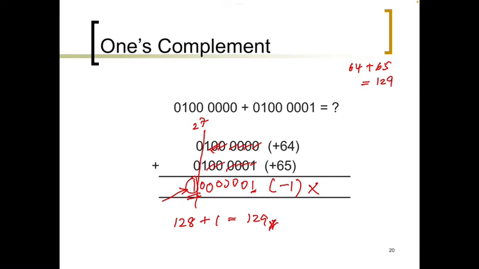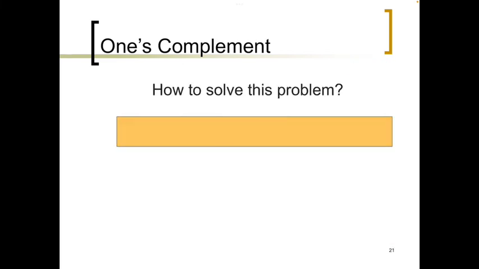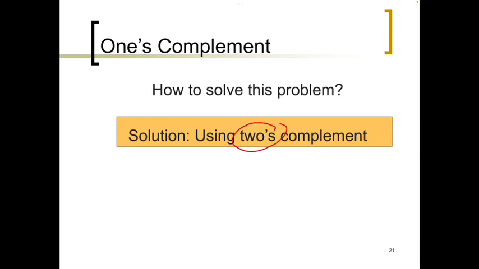So the question here is how to solve this problem. So we come up with what we call the 2's complement. We will see what the 2's complement technique is on our next slide.